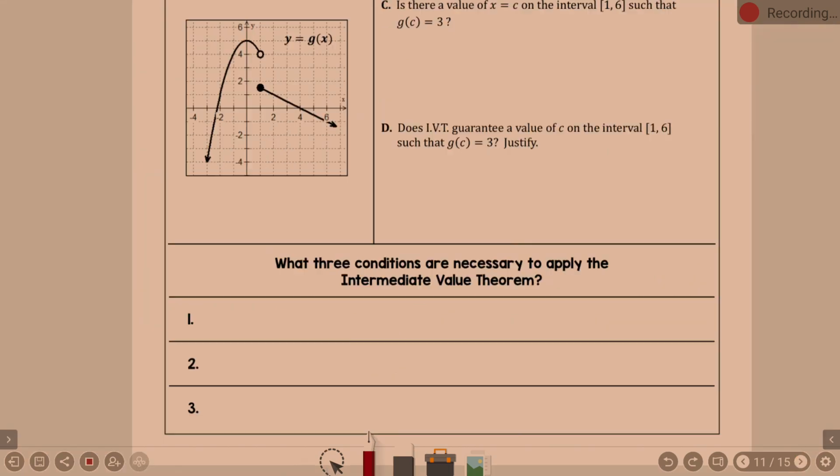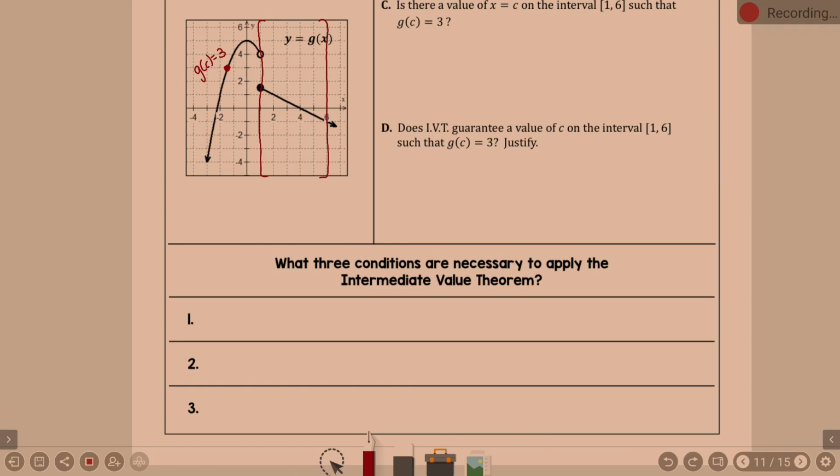So what do we say? 1 to 6. Such that g of C equals 3. Is there a value? Okay. Where's the value? It's over here, yes? Your g of C equaling 3 is over there. But what they ask us, they specifically asked us on the interval 1 to 6.